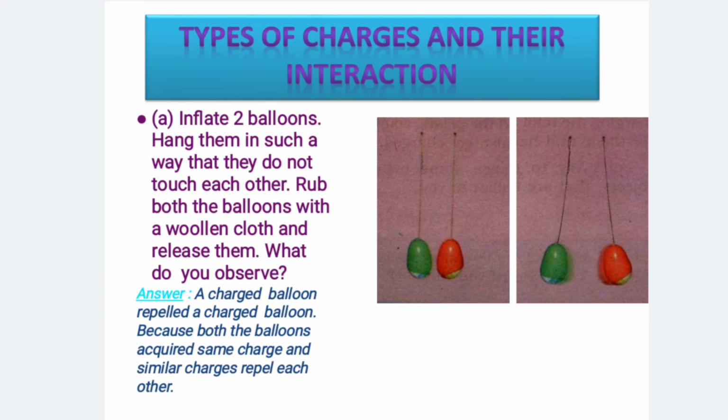Why are they moving away from each other? Because both the balloons are rubbed with woolen cloth, they have acquired the same charge and similar charges repel each other. So a charged balloon repelled another charged balloon because both the balloons acquired the same charge and similar charges repel each other.